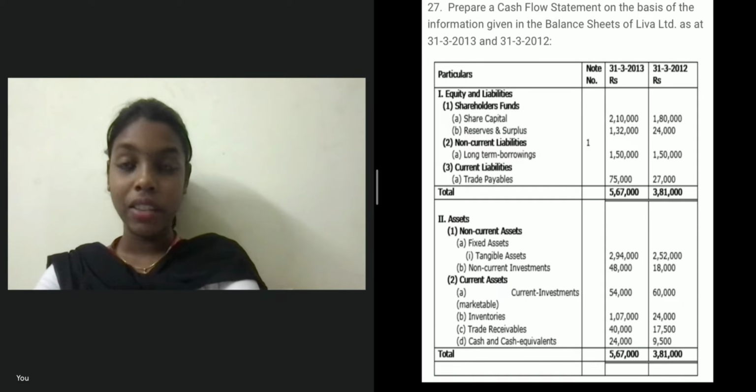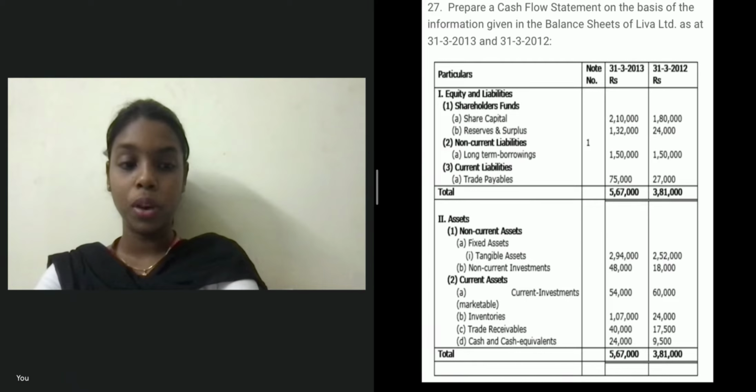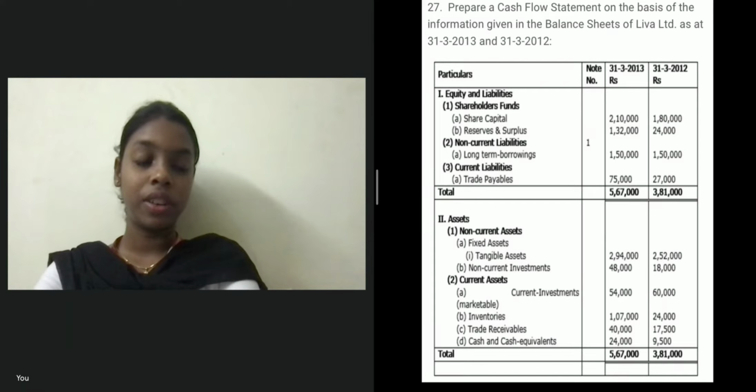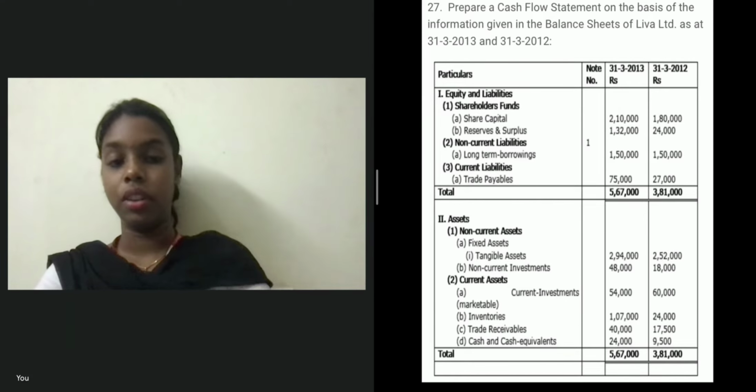Then come the inventories, which amount to 1,07,000 and 24,000 respectively. The trade receivables are 40,000 and 17,500 respectively, and the cash and cash equivalents amount to 24,000 and 9,500, and the total of the balance sheet is 5,67,000 and 3,81,000 respectively.